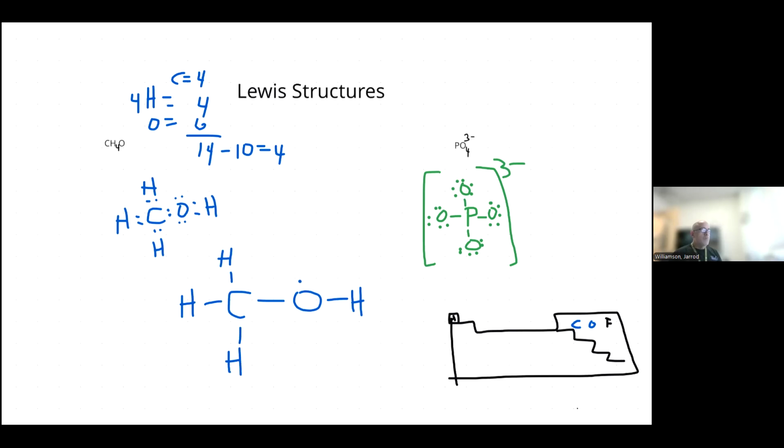There. That is the Lewis structure for CH4O.